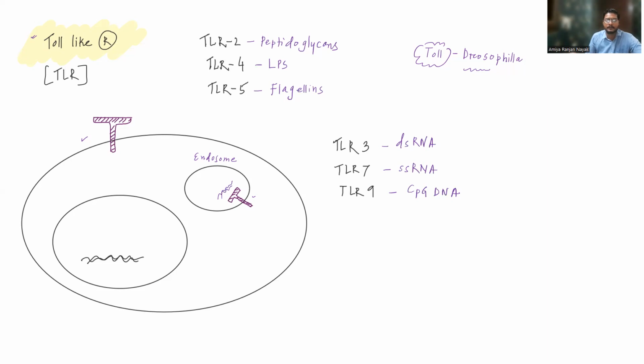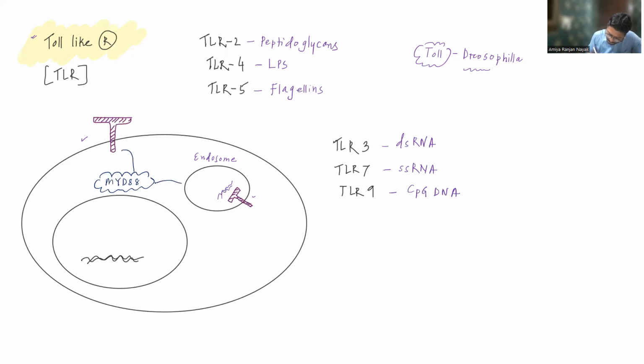Once the toll-like receptor is engaged, once they are activated, they are going to activate two important transcription factors. Most of these toll-like receptors act through a particular pathway that is known as the MyD88 pathway.